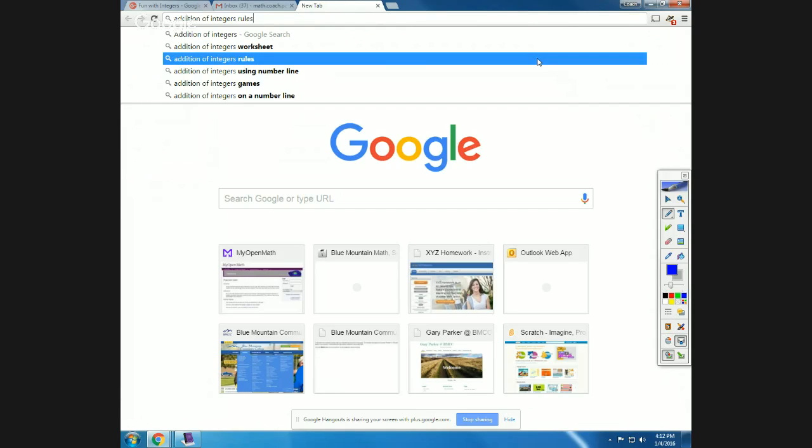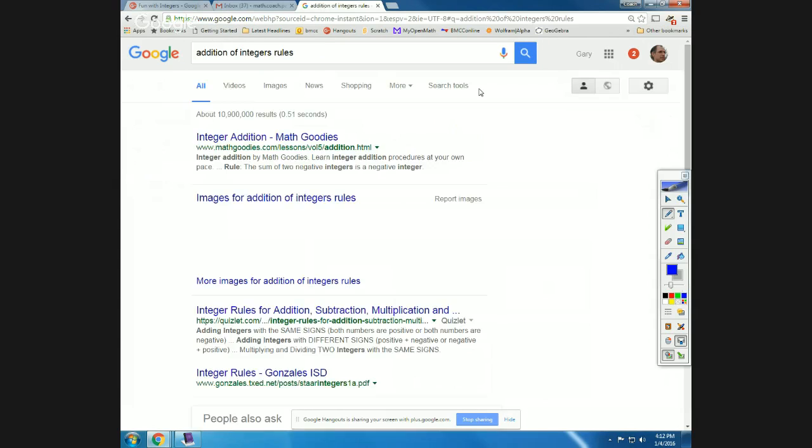Are rules the same thing as an algorithm? The answer is yes, rules are the same thing. So remember, an algorithm is just a process, a series of steps. The rules for adding integers.